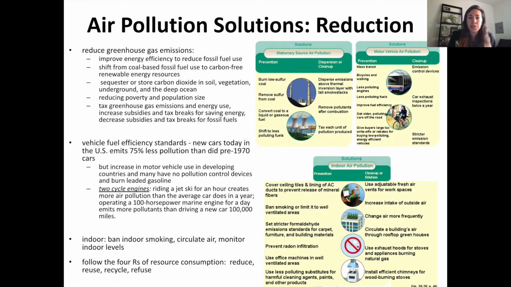Read over the solutions to reducing air pollution. These shouldn't come as all that surprising: we can reduce the amount of coal burning and other greenhouse gas emissions by reducing fossil fuels. We can reduce air pollutants through a significant number of practices.